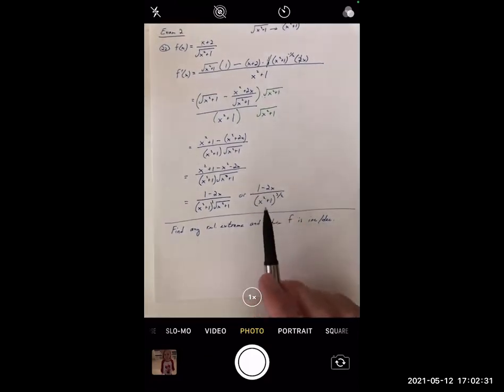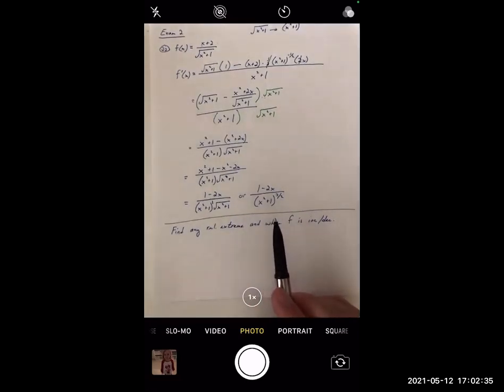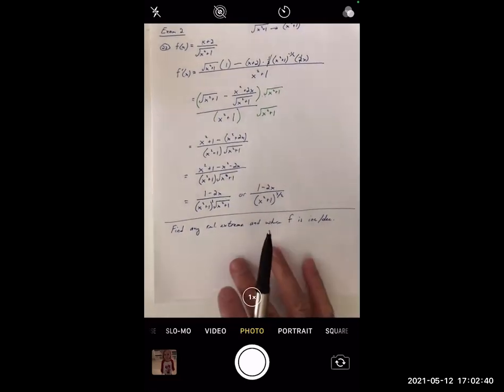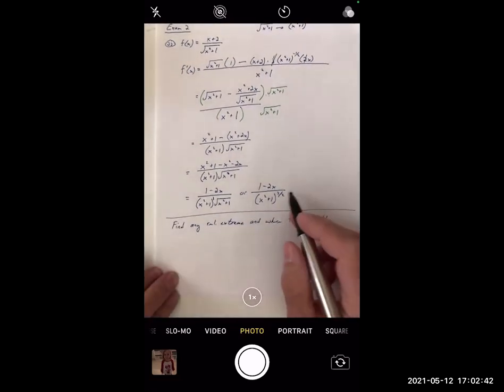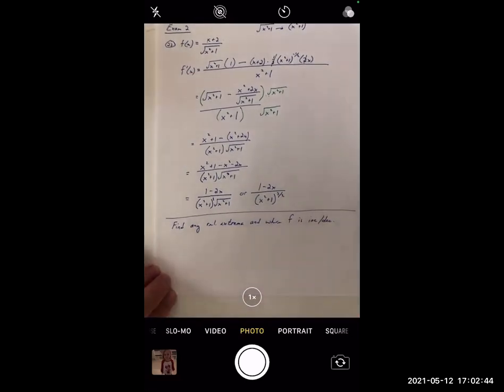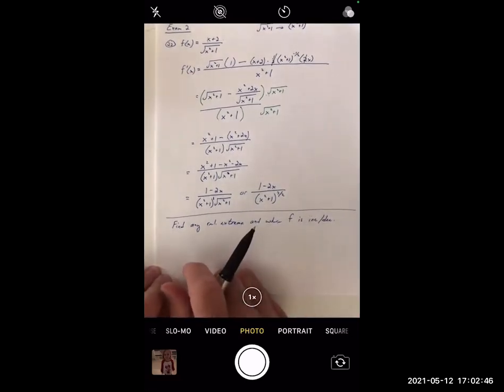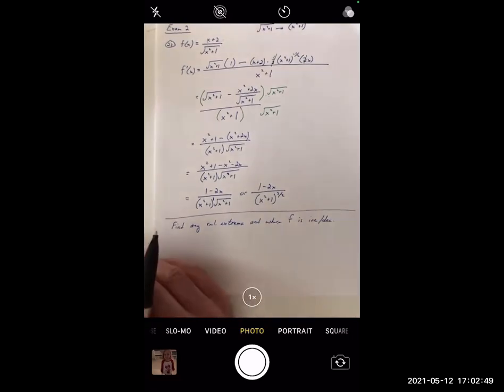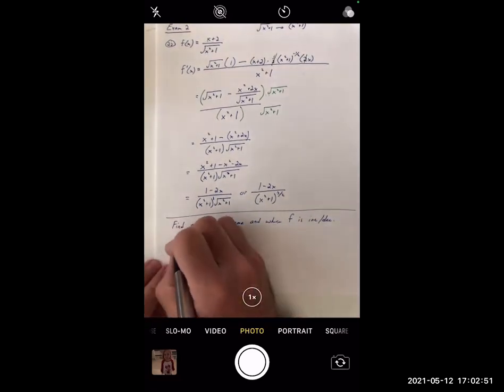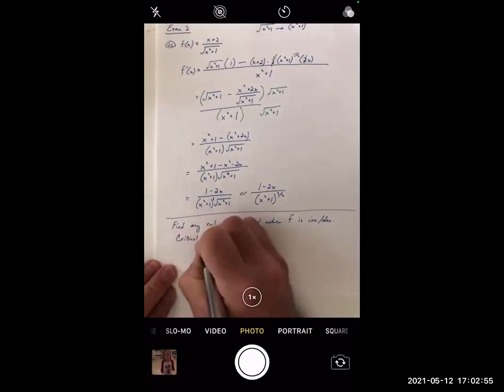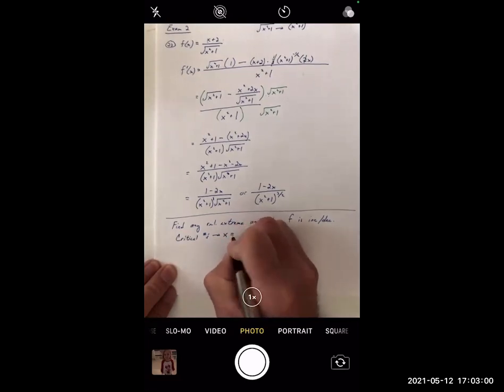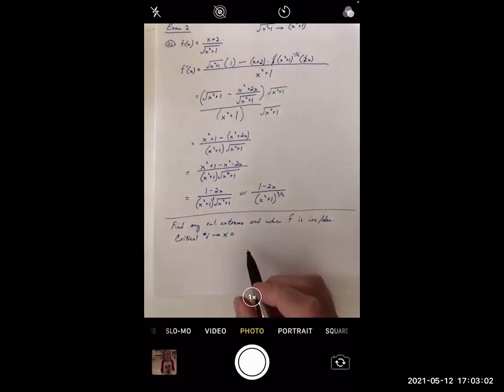but then what do you do from there? Set it equal to 0. Yeah, set it equal to 0 and find what are those things called? Critical numbers. So for this function, what's your critical number?